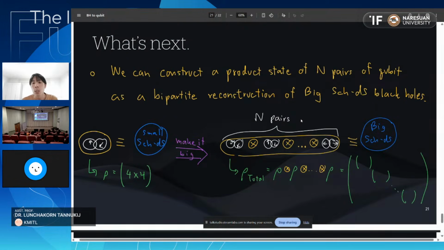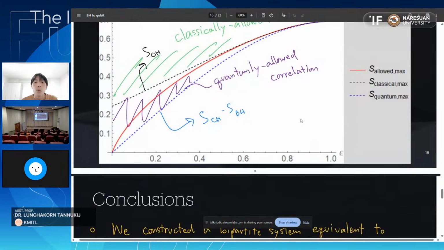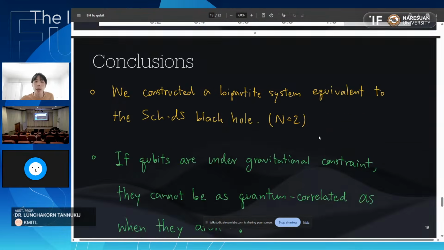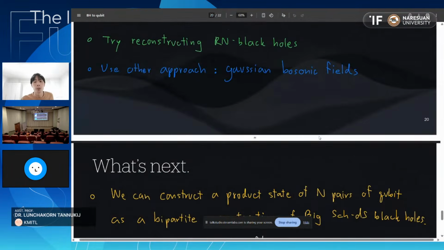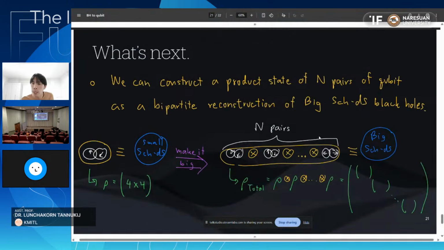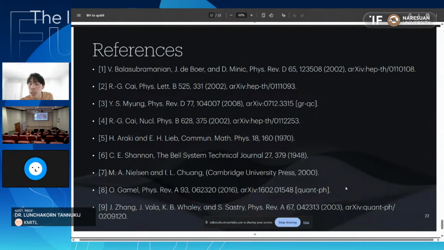So that means we can actually embrace the results that we can get from the 2-qubit system. This is one way to generalize it, but of course there are other ways as well, which we will continue in the very near future. And I believe that's it for my presentation.